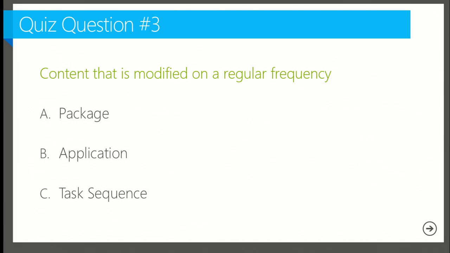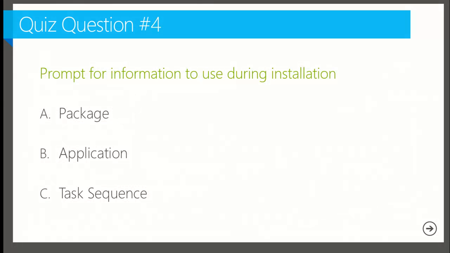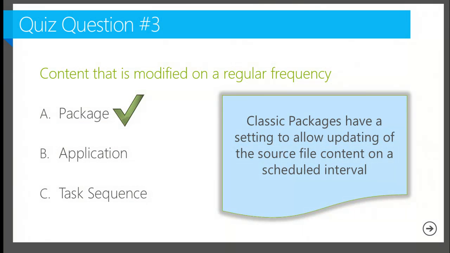So content that is modified on a regular frequency. Package. Application. Task sequence. I went too far. The answer is package. So if, again, I was using that example of a developer, let's say they have a network share where they upload and change files on whatever basis that they determine.